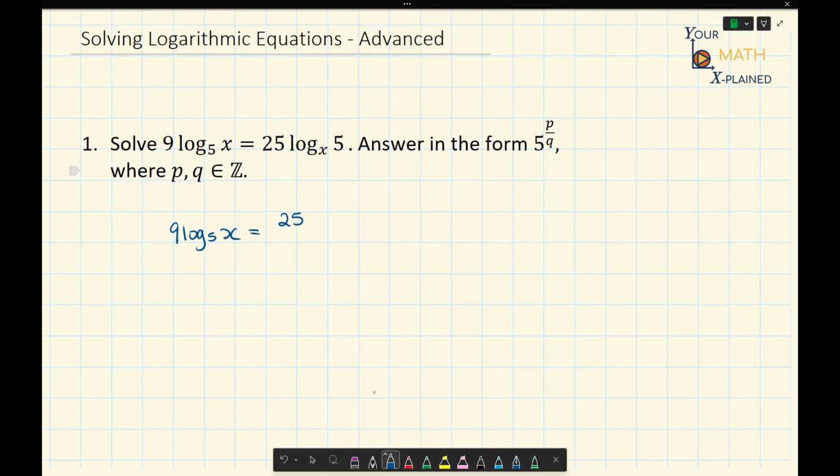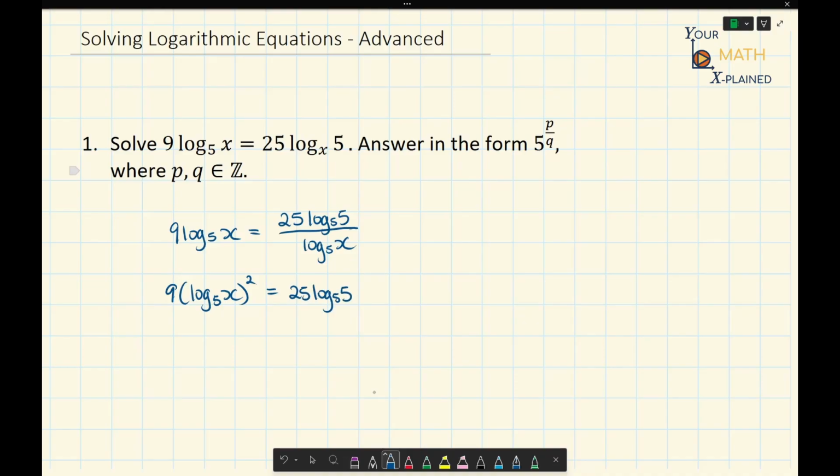So that's going to be 25 times log base 5 of 5 divided by log base 5 of x. Multiplying both sides by log base 5 of x is going to give us 9 times log base 5 of x, all squared, is equal to 25 times log base 5 of 5.